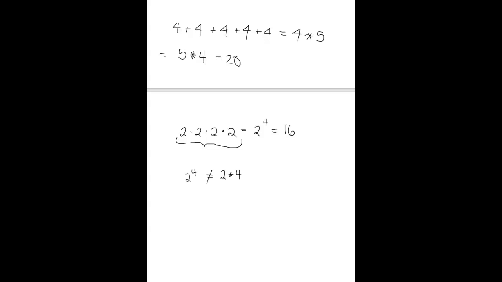You need to be very mindful of that, because it's real easy to make that mistake and think, oh, well, I'm multiplying by that number. And the answer is no, you're multiplying the base times itself that number of times. Okay, so let's practice a couple of these.